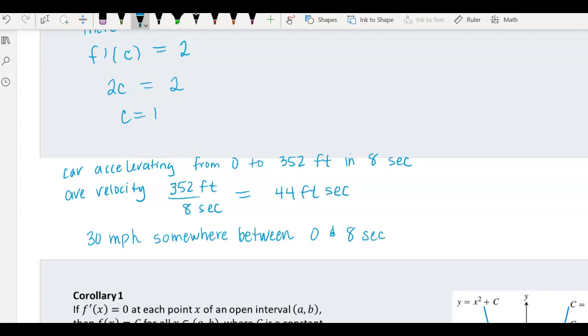Just instantaneously, this 44 feet per second, I'll leave this for you guys to do. 44 feet per second, if you change all of the units, will end up being 30 miles per hour. But it's saying that at some point there's an instantaneous point where the speedometer will say exactly 30 miles per hour. It's just going to be for a second, and it's going to equal the average rate of change over this time period. All right, I'm going to stop here and then start a new video.